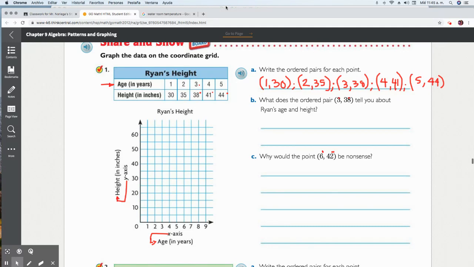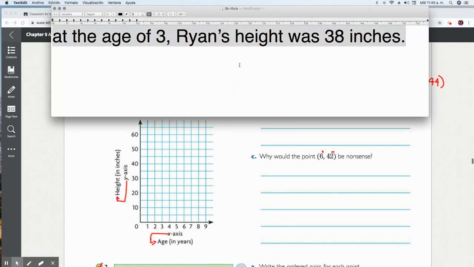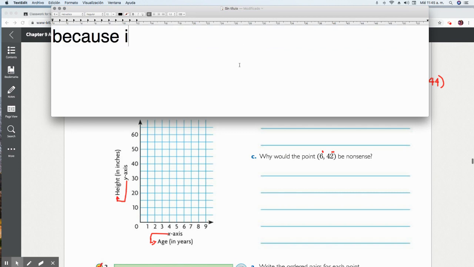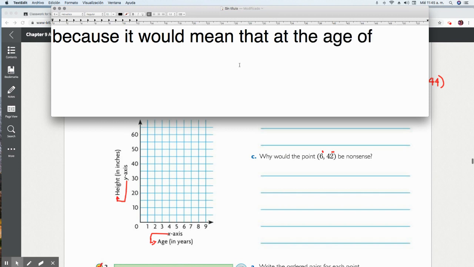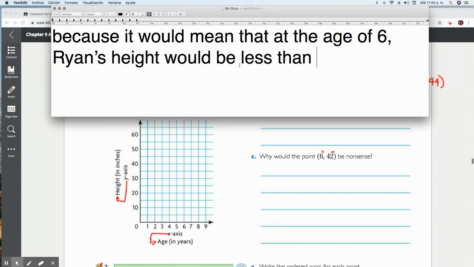So what we are going to write for letter C is: because it would mean that at the age of 6, Ryan's height would be less than his height at the age of 5.